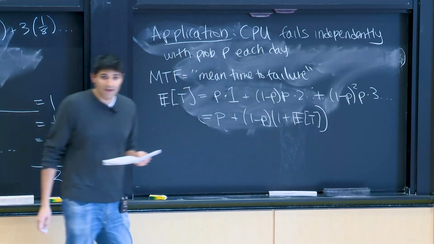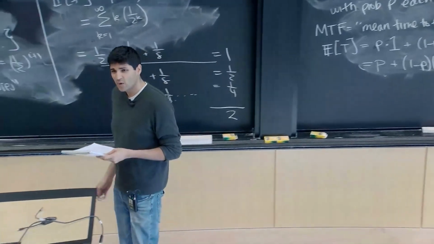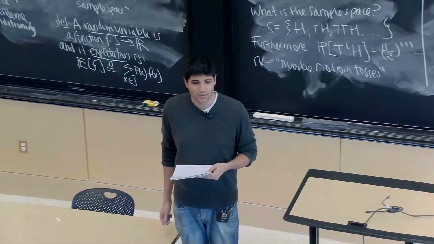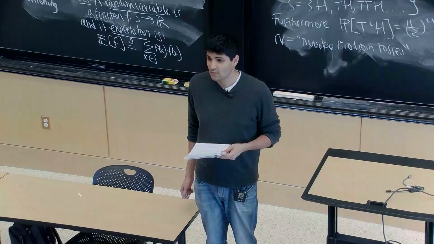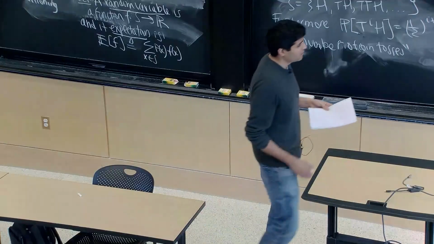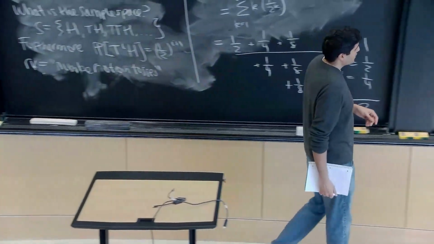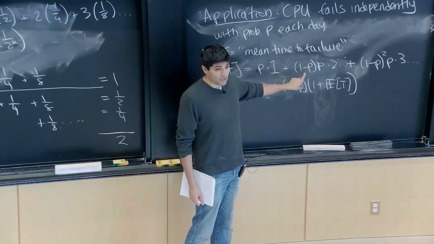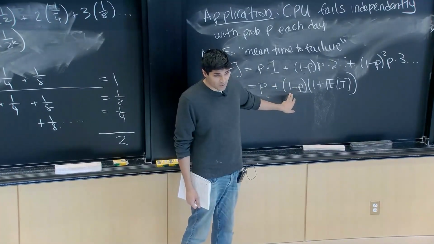So this looks a bit magical, right? Can anyone give me some intuition for what exactly I just did in this expression? Why is this true? Yeah. That's right. So first, I got my p from here. I pulled out this 1 minus p because everything's got a 1 minus p in front of it.